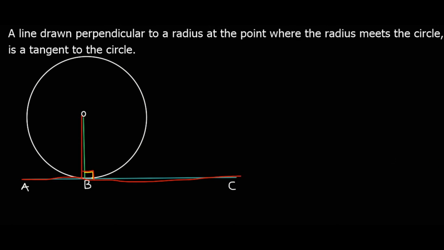So it is the reverse, a line perpendicular to the radius. This theorem, like the previous one, is not for exam purposes to prove, so in the exam you will never prove that theorem. You just need to know it and use it, so it is straightforward.